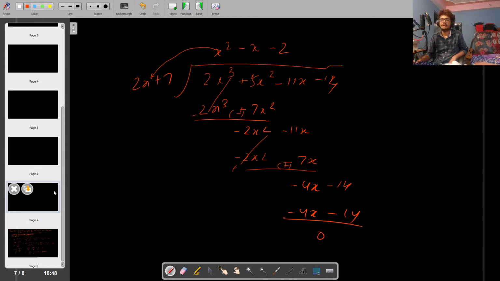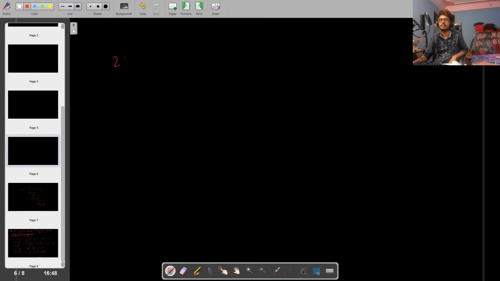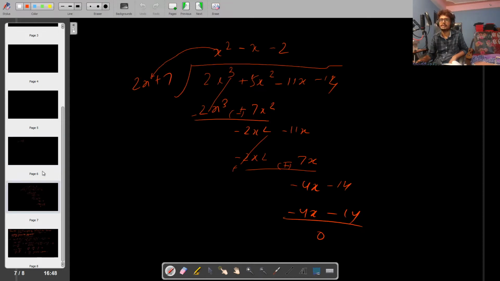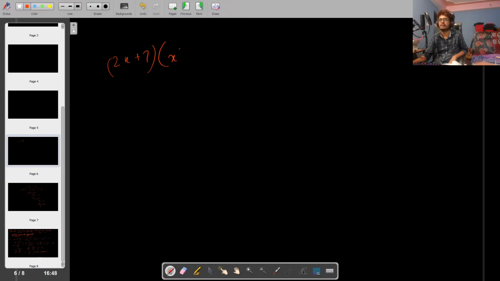So your expression is (2x + 7) multiplied by (x square minus x minus 2). This is a quadratic equation, you need to solve it. You can either solve it by middle term breaking or by using the formula. In the book it's given in middle term breaking, correct.